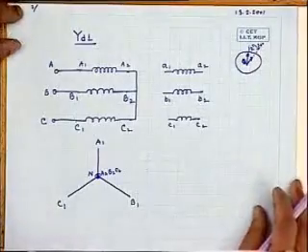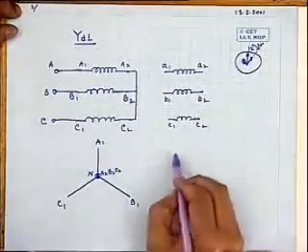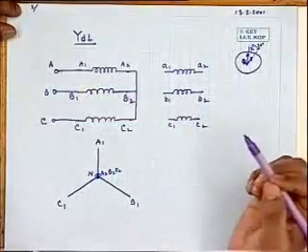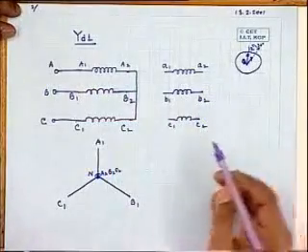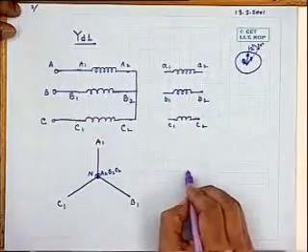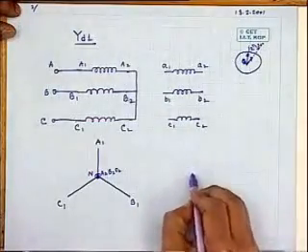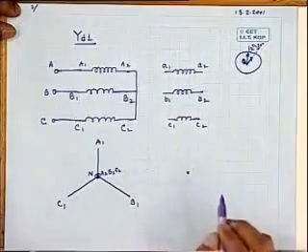Now how do I do? The secondary side will be delta connected and there is no neutral available. Suppose the artificial neutral of that voltage triangle, whatever we will form, is here.